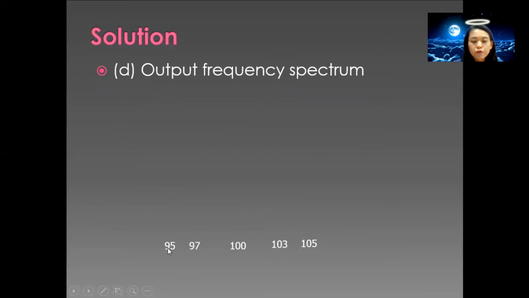First, we have to write out our x-axis. Our x-axis is in kilohertz. We have 95, 97, 100, 103, and 105 from the previous calculations. And then we know that our Fc equals 100, so we draw out our Fc.